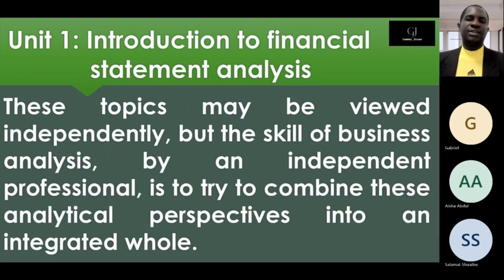These topics may be viewed independently, but the skill of business analysis by any independent professional is to try to combine these analytical perspectives into an integrated whole. So fusing these 3 skills, your analytical skills, financial statement skills, and financial data analysis skill, will help you match the 3 of them together.